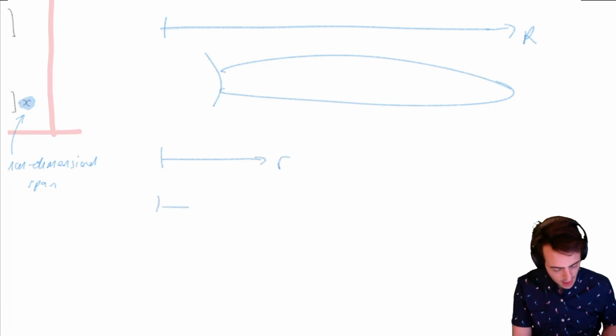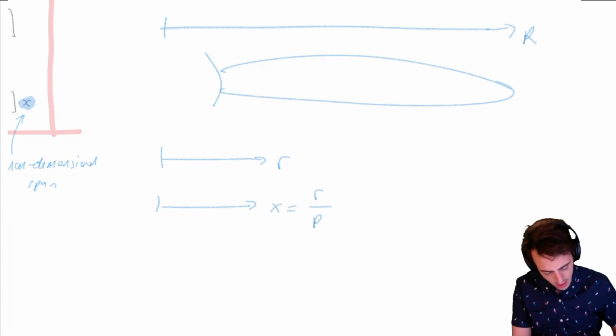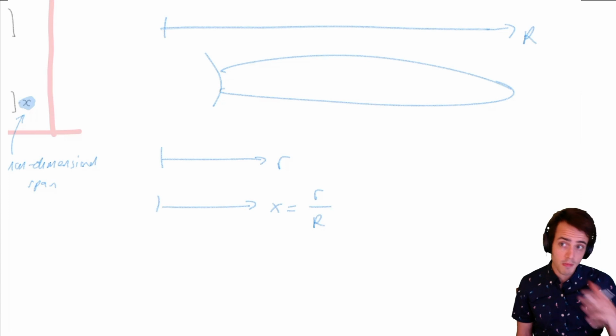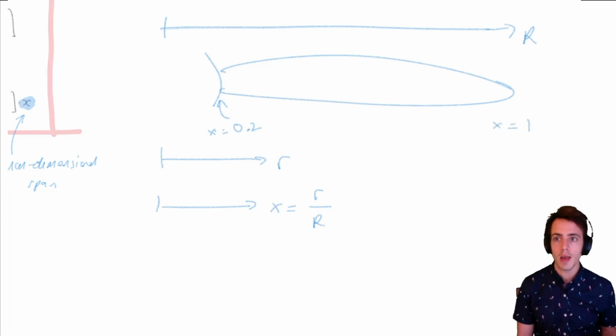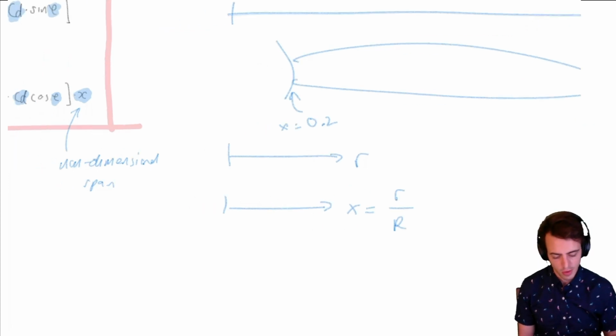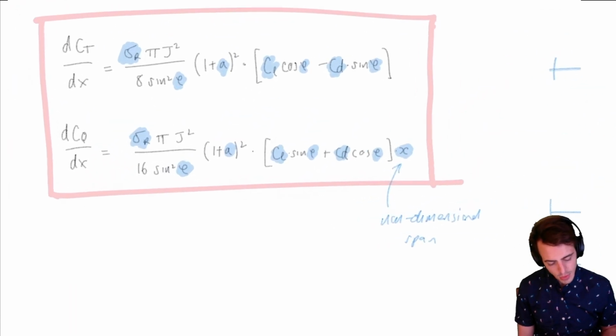Then this exists at non-dimensional radius x equal to r divided by R. So it goes from some value at the root, which maybe say 0.2, all the way up to x equals 1 at the tip. So that's what our non-dimensional span is on our propeller.